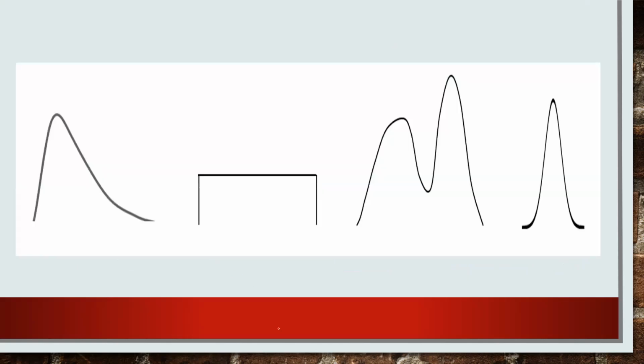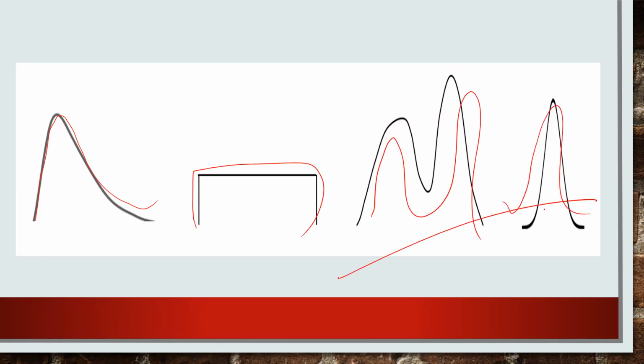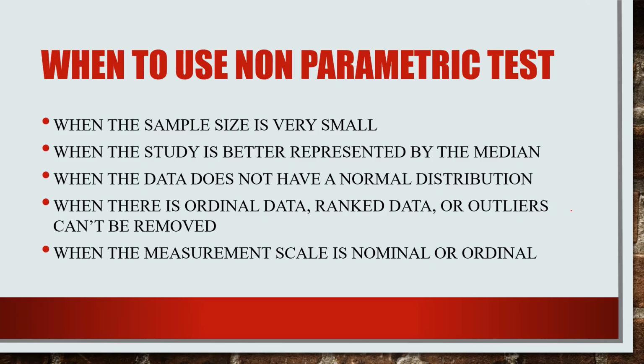So in these kinds of situations we use non-parametric tests, where the distribution is almost different. Another example, but normally you can say here the distribution is not normal. Under these conditions, we have to use non-parametric. So let's recall what I told you previously.